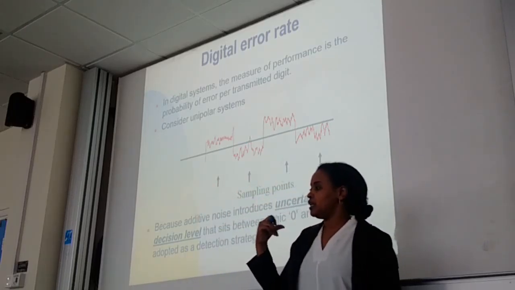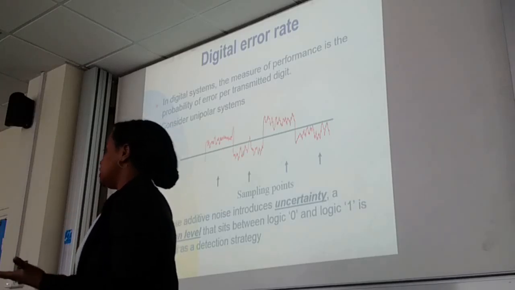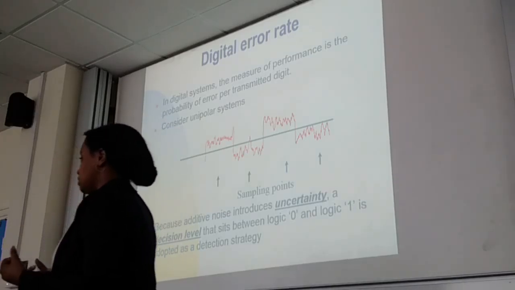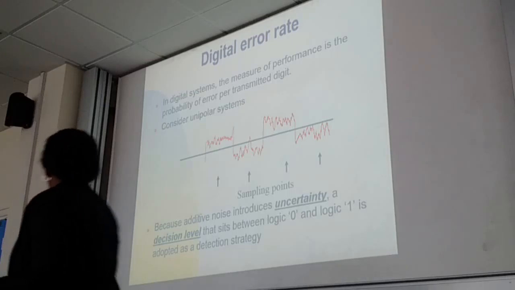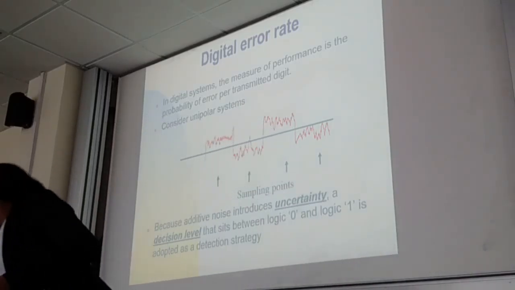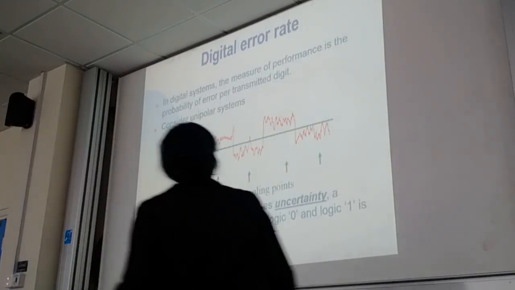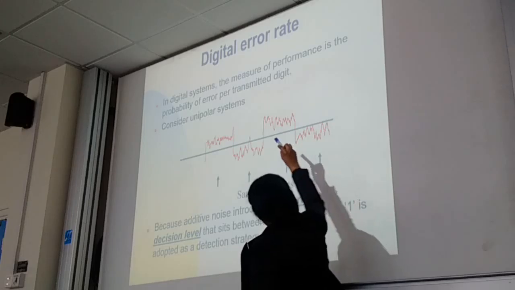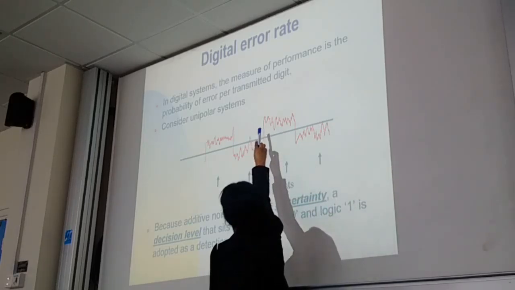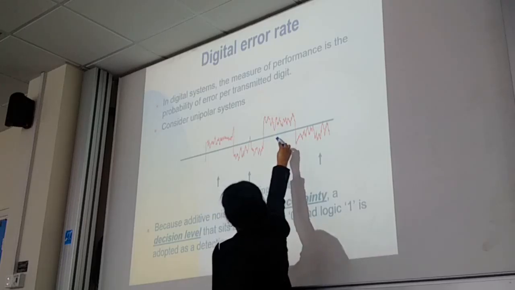And we call this error a false alarm. So it's a 0, but we detected a 1 as a result of the noise. Okay? And we might also have a 1, and because the signal is impaired now with noise, it will go below the threshold.